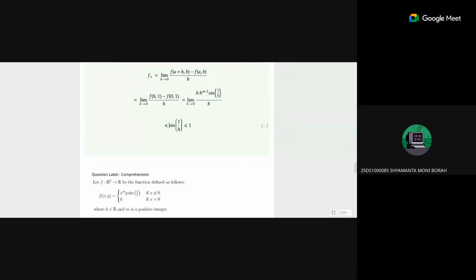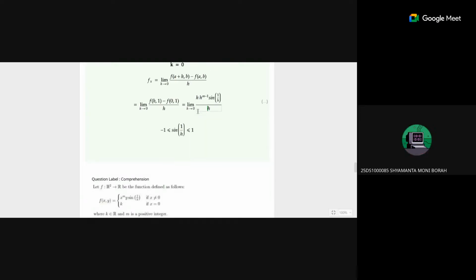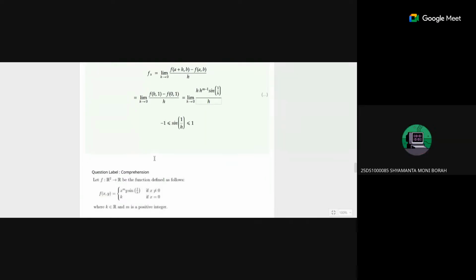Sir, in this numerator it is h into h to the power m minus 1. Okay, you have divided and multiplied, right? Yes.